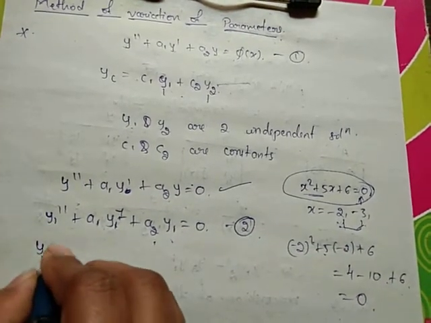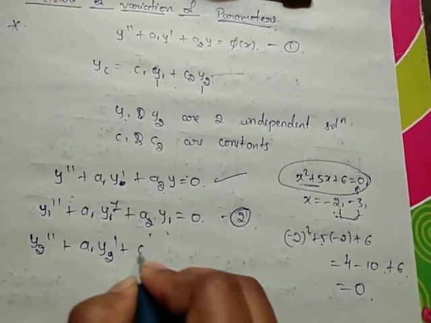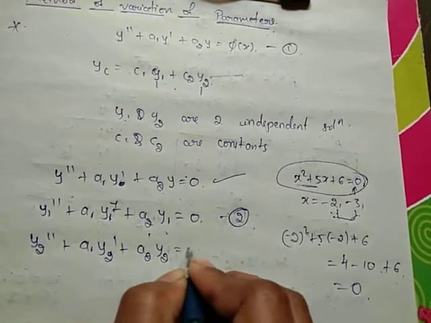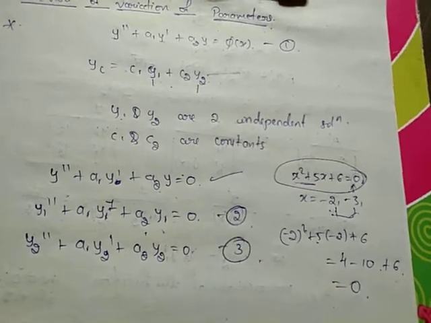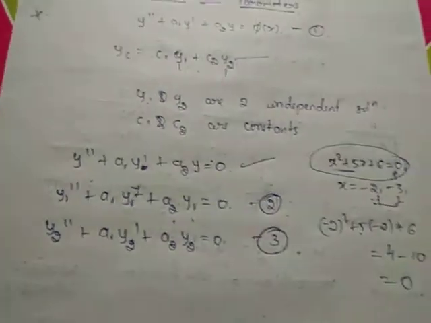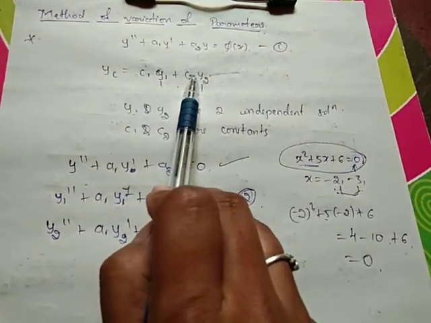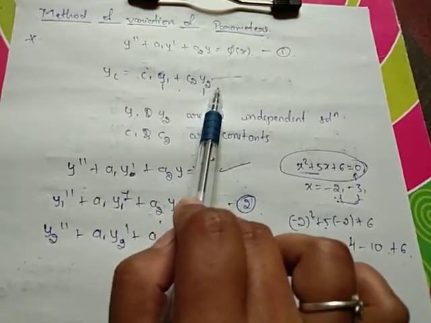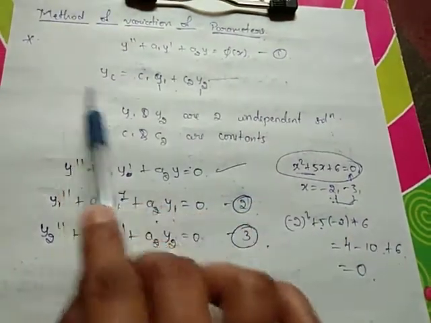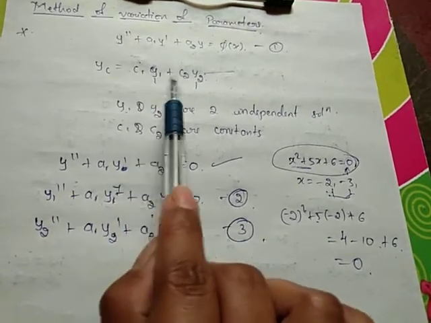Similarly, y2 double dash plus a1 y2 dash plus a2 y2 should be equal to 0. Suppose C1 and C2 are two arbitrary constants, then it is simply called a complementary function. It is not our complete solution. So to get the complete solution, we have to find C1 and C2.